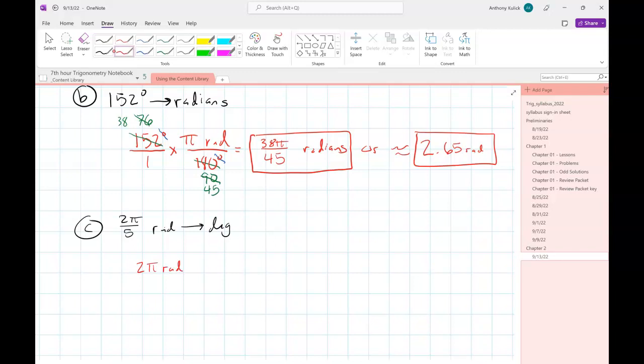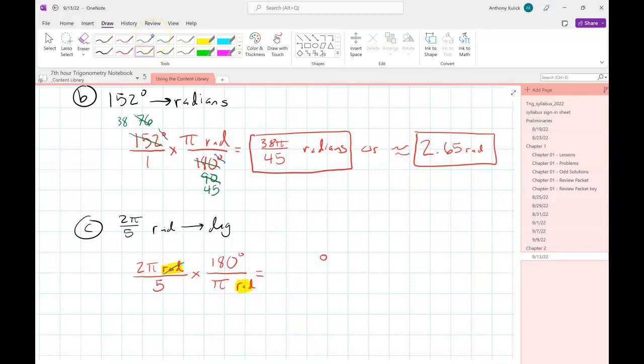So I'm going to start by writing this as 2 pi radians, divide by 5, and I'm going to multiply it by my conversion factor so that at the end I get degrees. Since I have radians in the numerator, what unit needs to be in the denominator? Radians. And my conversion factor is that pi radians is the same as 180 degrees.